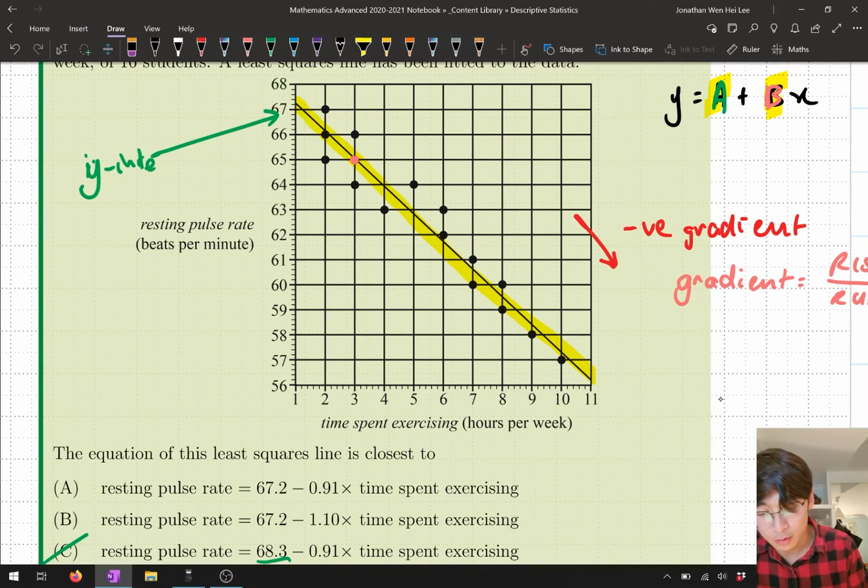My run is my x, how far I go across in x units. Here, my run is from 1 to 3, so that's a run of 2. Then we go downwards to 65. So the rise is 65 minus 67.2, and that is negative 2.2.